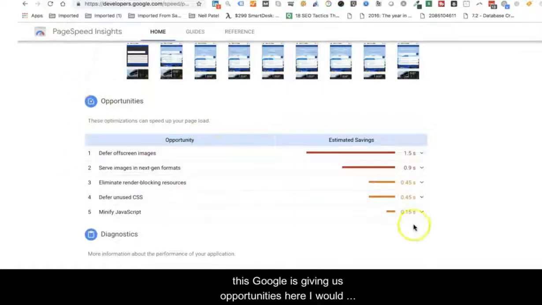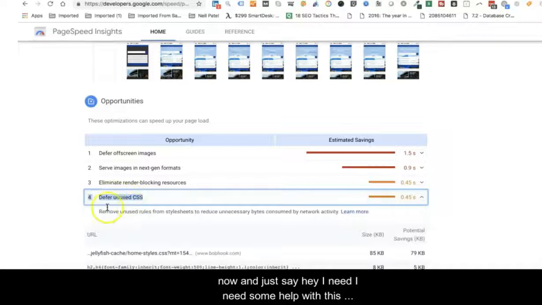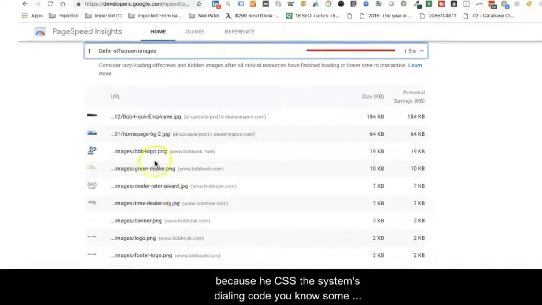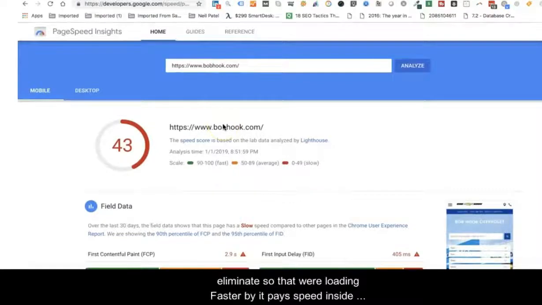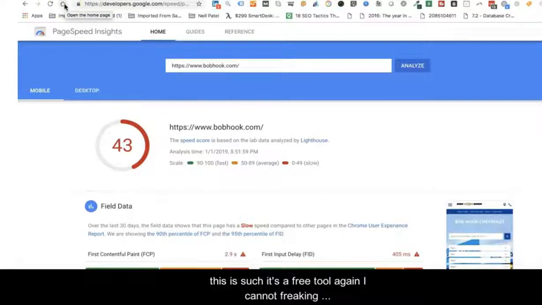I would send a screenshot to my developer right now and just say, hey, I need some help with this, because CSS, this is some styling code. Some of this I know that they can help me compress and eliminate so that we're loading faster. But Page Speed Insights, it's a free tool. Again, I cannot freaking believe that some of these tools are free.